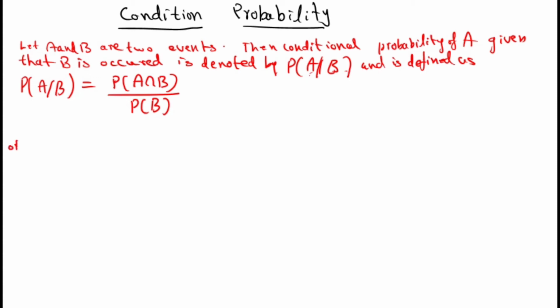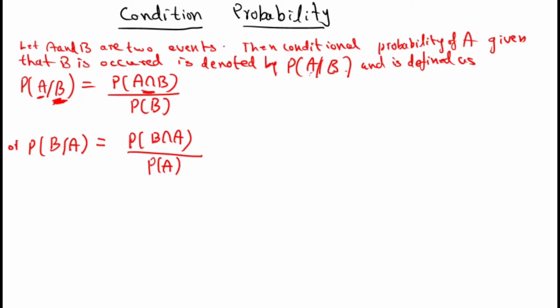Then what's the formula for probability of B by A? Probability of B by A is equal to probability of B intersection A, which is the same as A intersection B, divided by probability of A. See, the first one is conditional probability of A, that means probability of A where event B has already occurred, which is probability of A intersection B divided by the event that already occurred, probability of B. Here, probability of B by A means conditional probability of B where event A has already occurred.